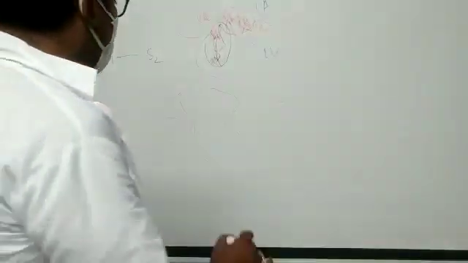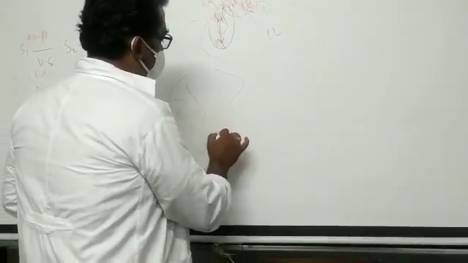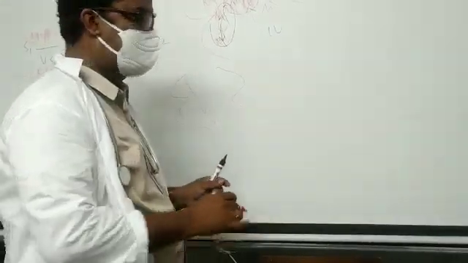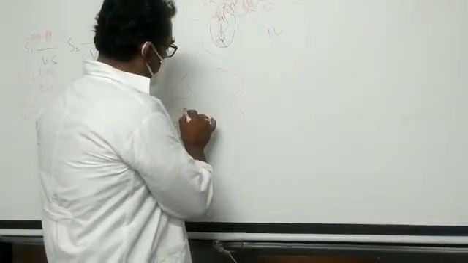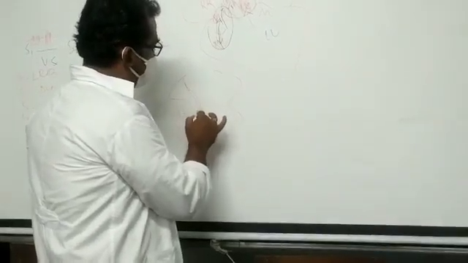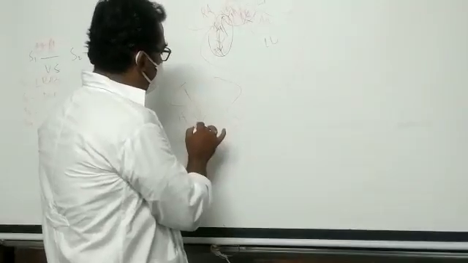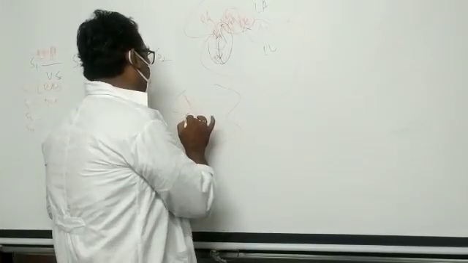The ventricle is filling up as it is relaxing, and the gush of blood comes from the atrium to the ventricle and goes back.